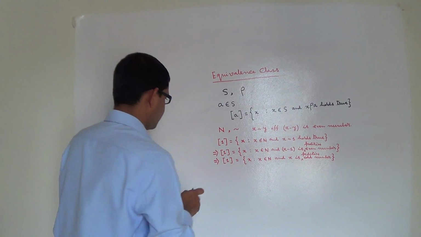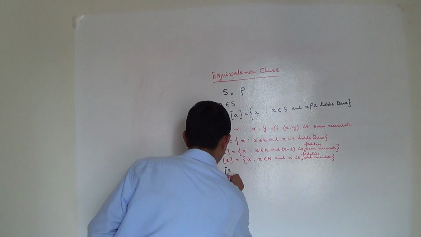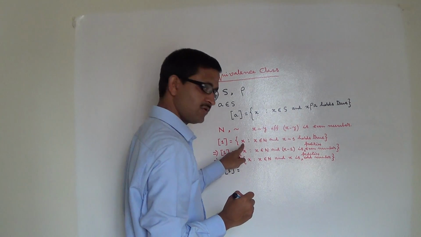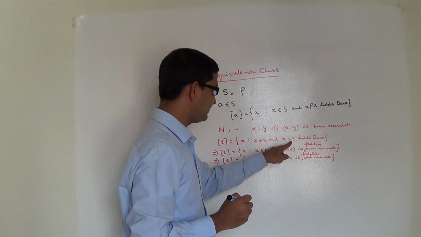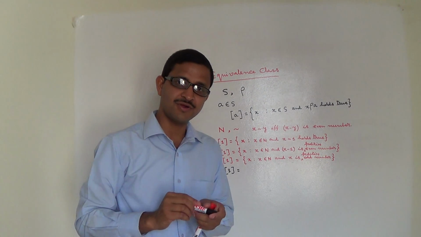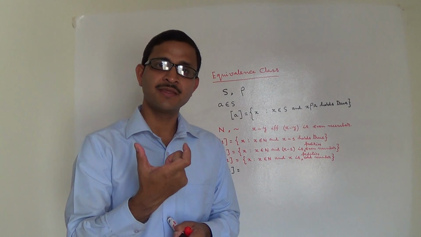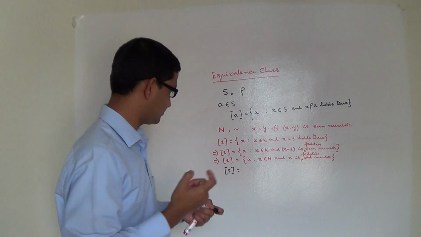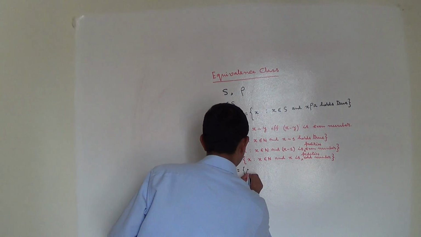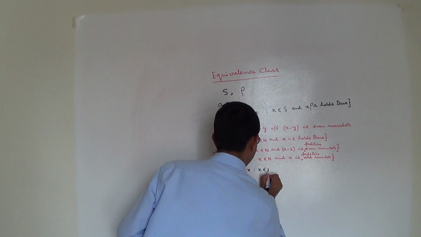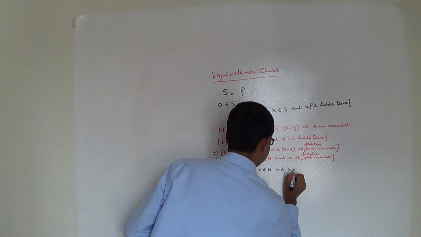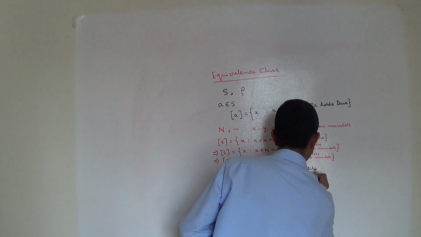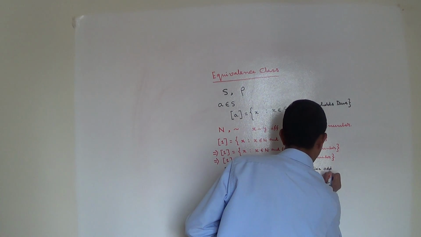Now let's see what is the class of 3. It is all x such that x belongs to N and x tilde 3 holds true. x tilde 3 means what? x minus 3 should be an even number. That means x has to be an odd number. So similarly, it contains x such that x belongs to N and x is a positive odd number.